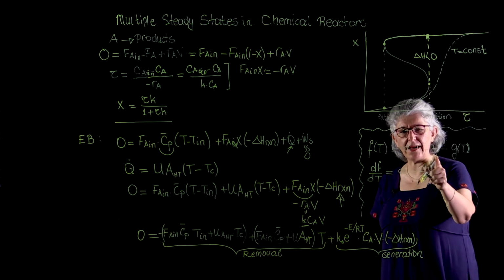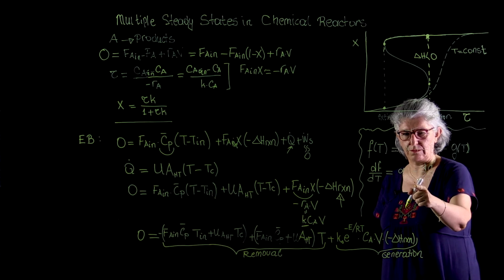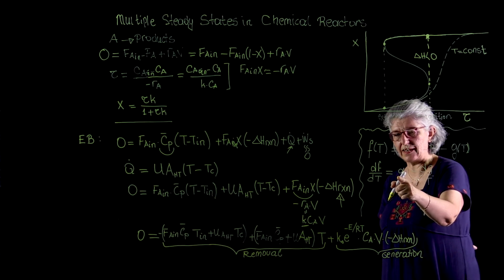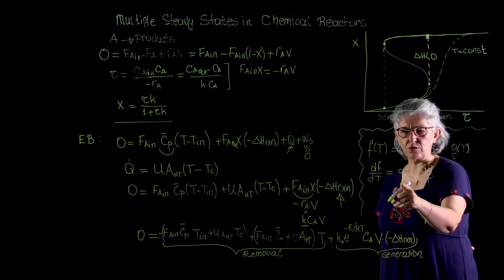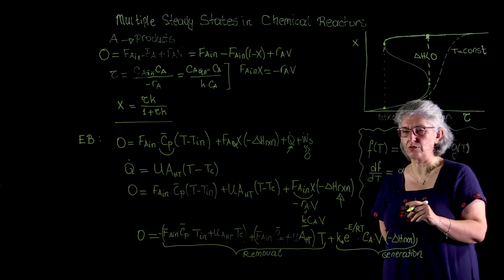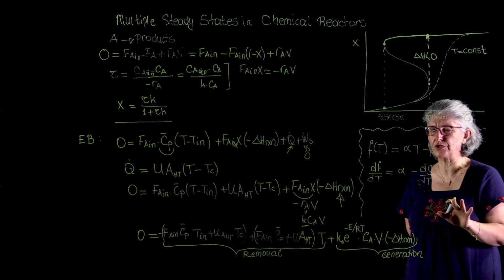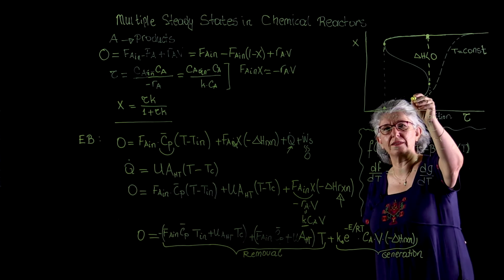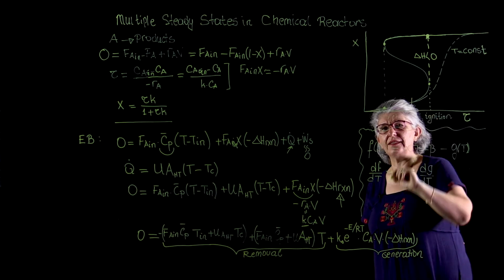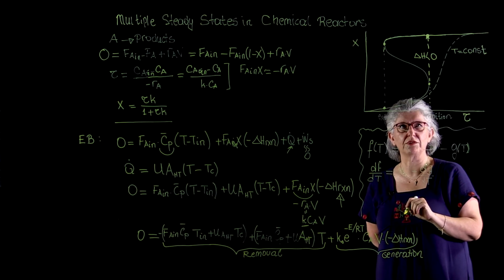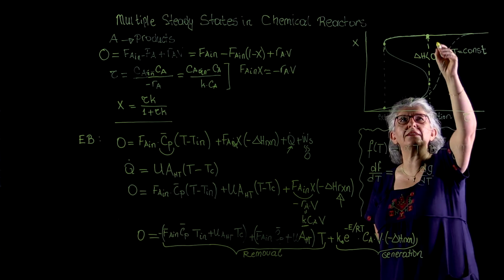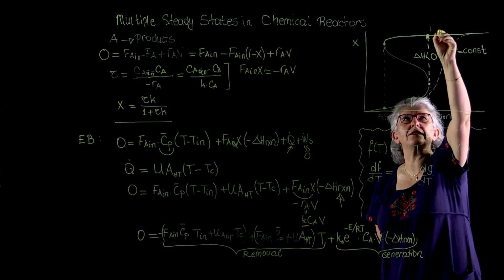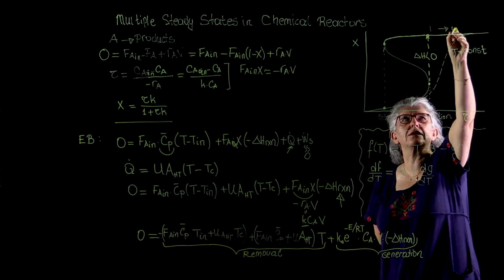Now, if the maximum of this term is smaller than alpha, this whole group is going to be converging to some numerical value. It is this zone here that the solution is unique. And it is this zone here that the solution is unique.